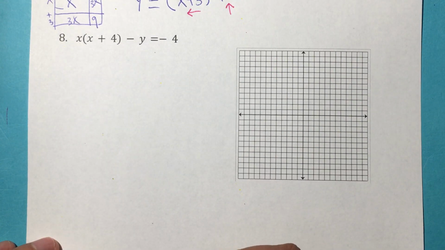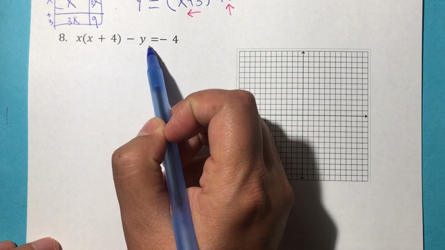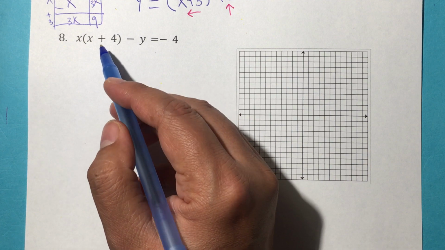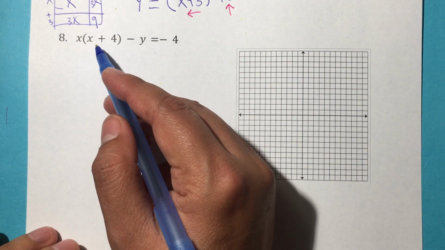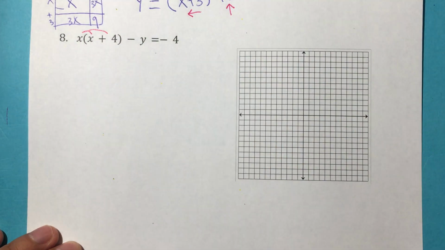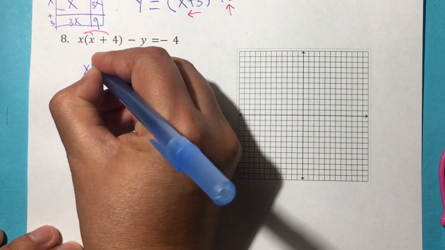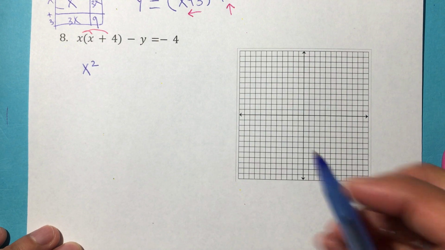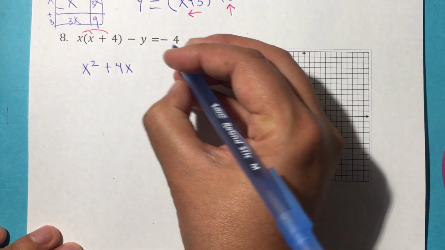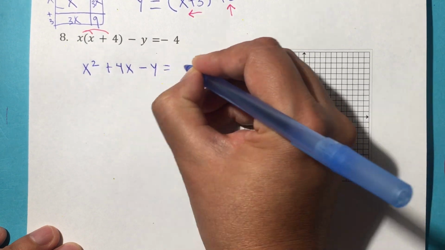Number 8, in here I see that y is isolated, and I don't have x squared. However, we have this that can be done as distributive property, and when we multiply this, we end up with x times x is x squared. Oh, so that's a parabola. x times 4 is 4x, and I have negative y equals negative 4.